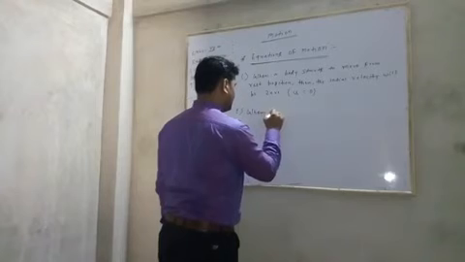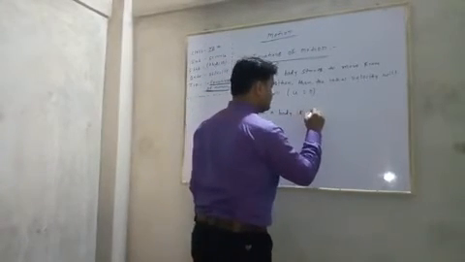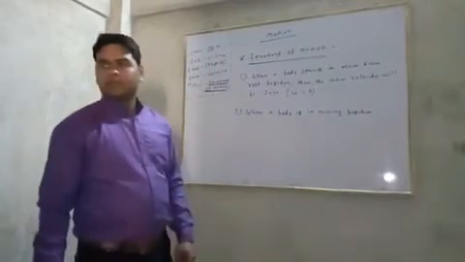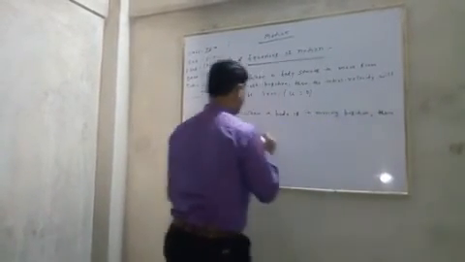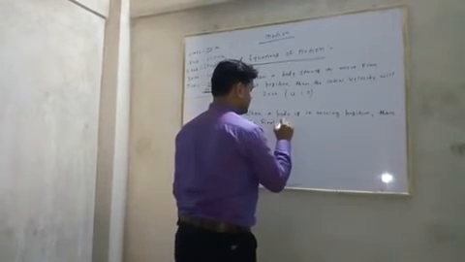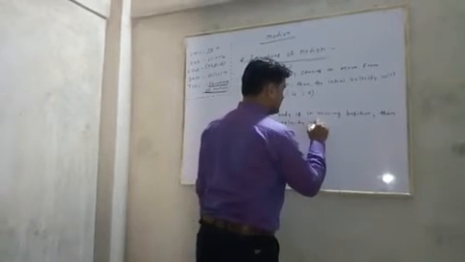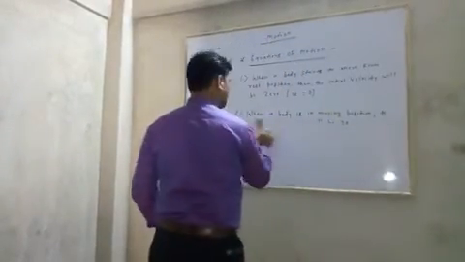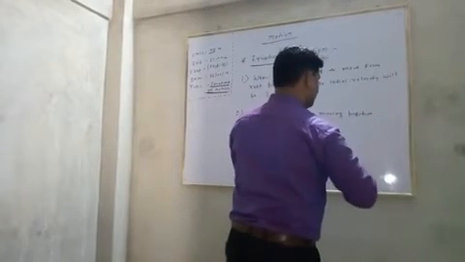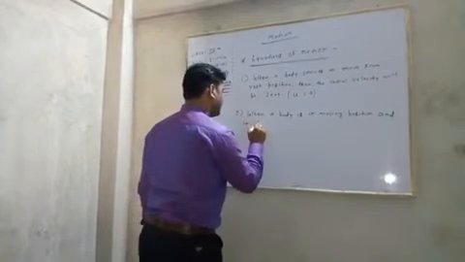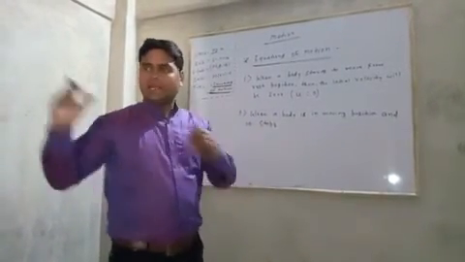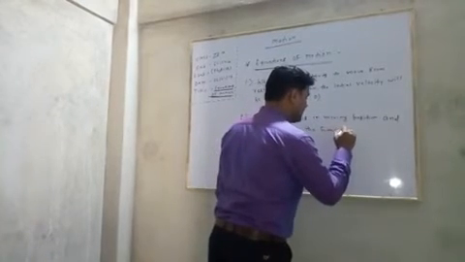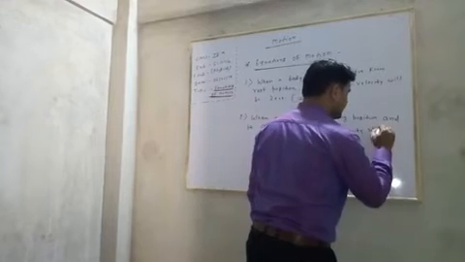When a body is in moving position, and it stops, then the final velocity will be 0.